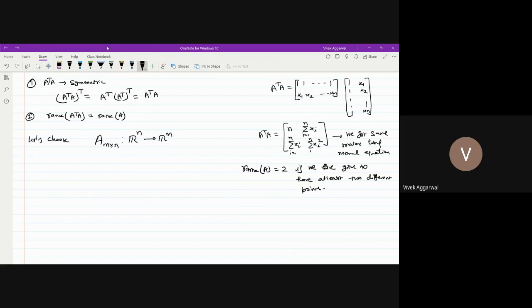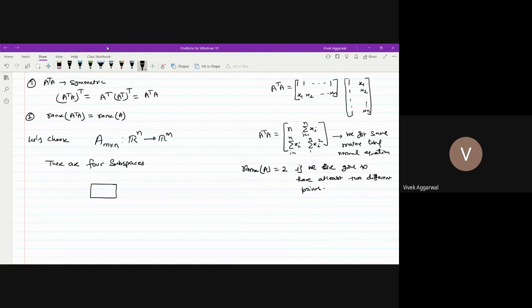And in this linear transformation, we also know that there are four subspaces. So these are the important subspaces.